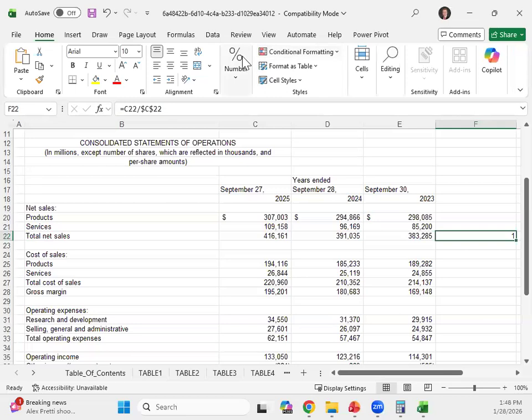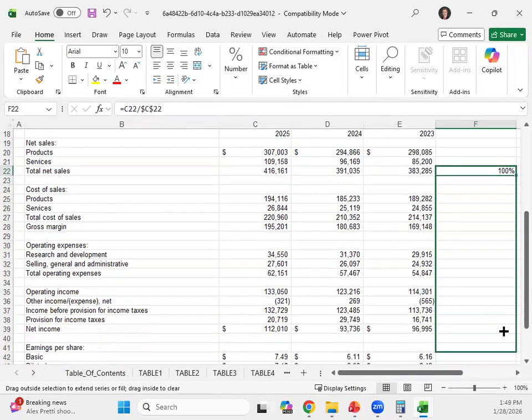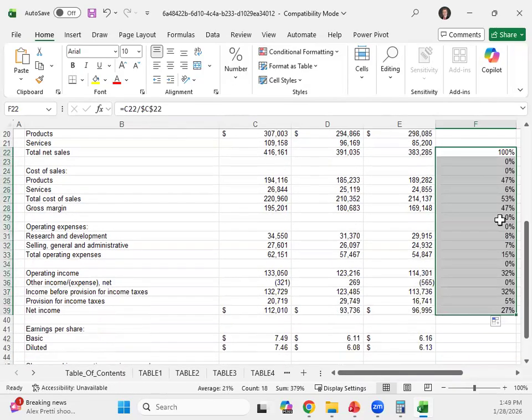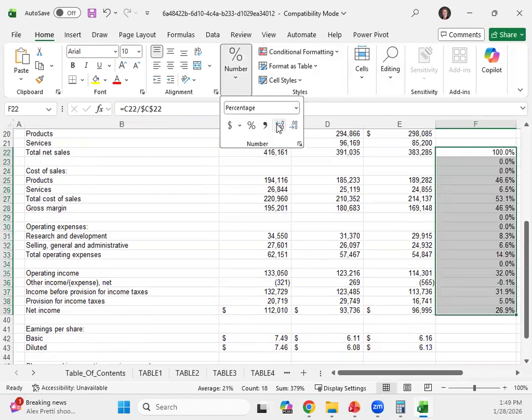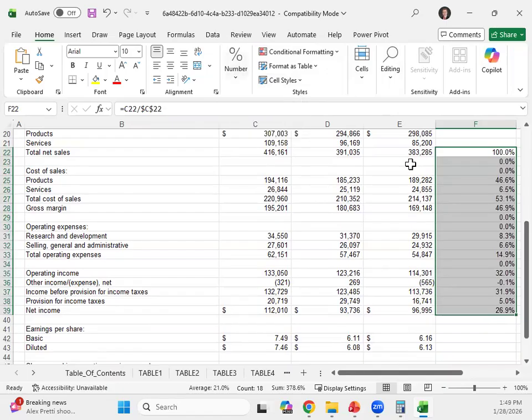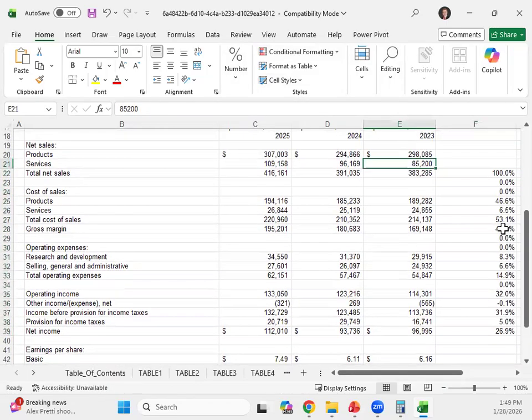We just show percentage. We can go all the way down and everything as a percentage here. And so we can see that Apple's total gross margin is 46.9%.